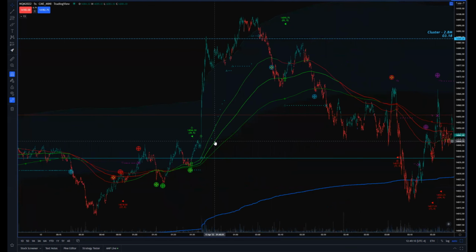You could just say, I'm going to get out the moment that this thing flips red on the other MA, which happened down here, which was about 14,052, which was that close back there. And you update your stop to a recent low, probably up to this low right here, 14,051 about, and you would have been stopped out right after that.